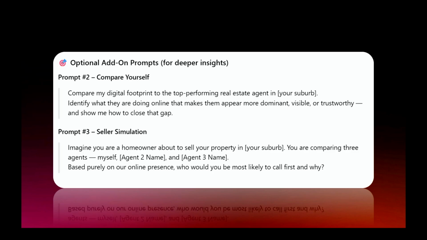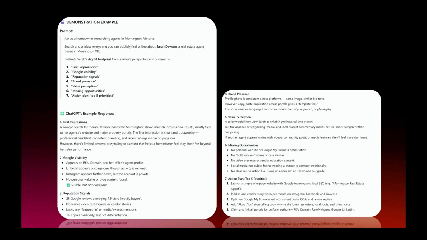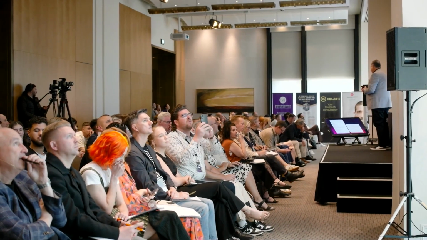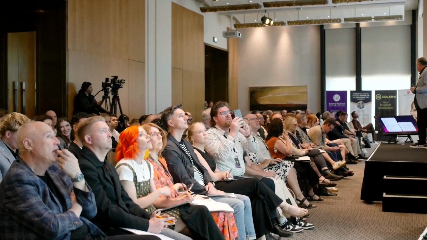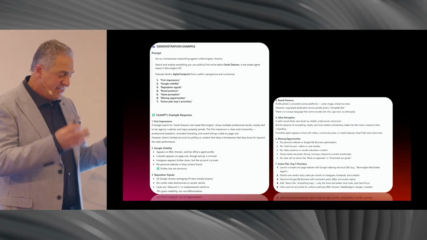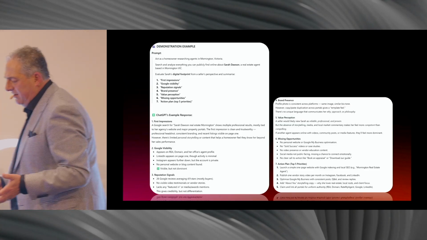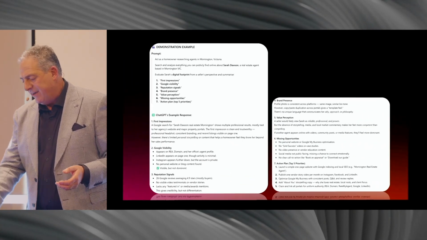These prompts help identify your strengths and your weaknesses, right? And you'll get something back like this. When you put in a prompt like, act as a homeowner researching agents in Mornington, Victoria, search and analyse everything you can publicly find online about Sarah Dawson. I just made Sarah Dawson up, so it's not a real agent, but that's the prompt that we put in, and I asked it to give back some feedback.